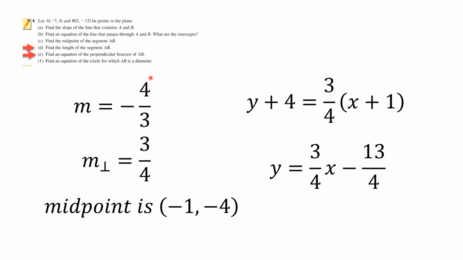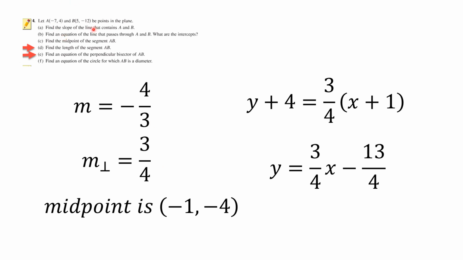You can go different ways, but you will get that the slope of the line through those 2 points is minus 4 over 3. But we want to find the equation of the perpendicular bisector of that, so it has to be perpendicular to that slope. That means the slope of the perpendicular line is the negative reciprocal of that. That is 3 over 4.